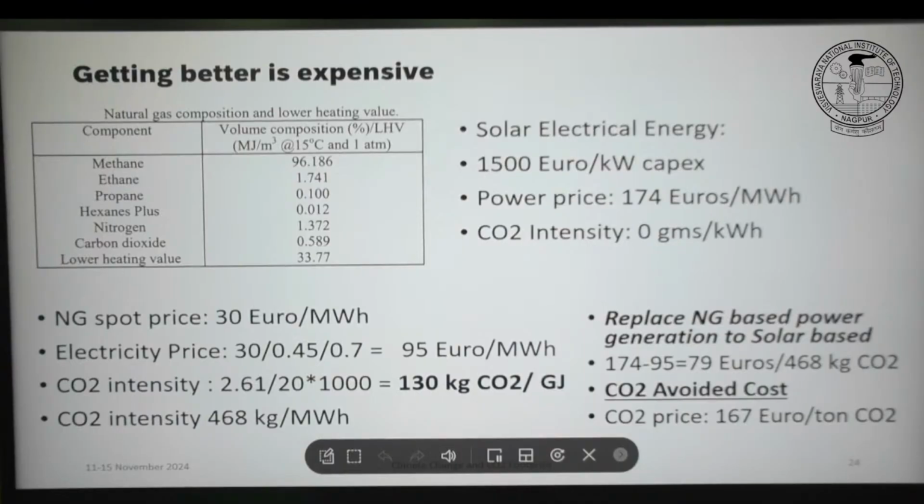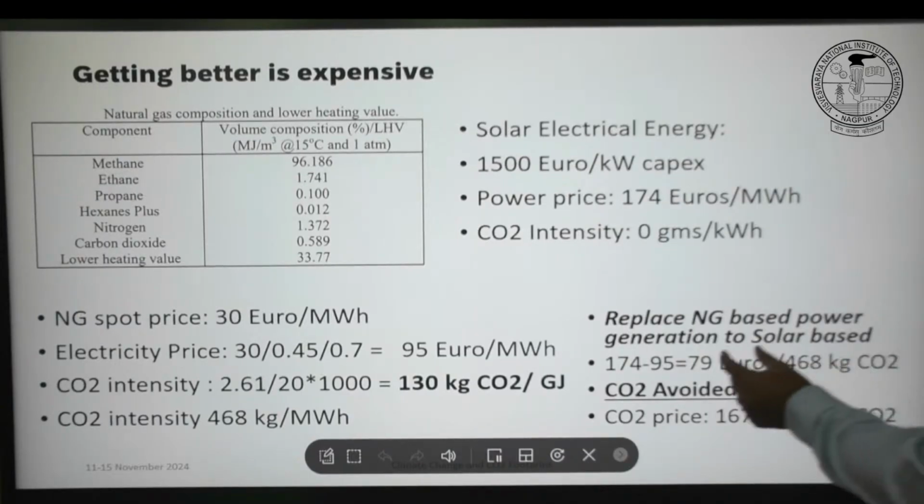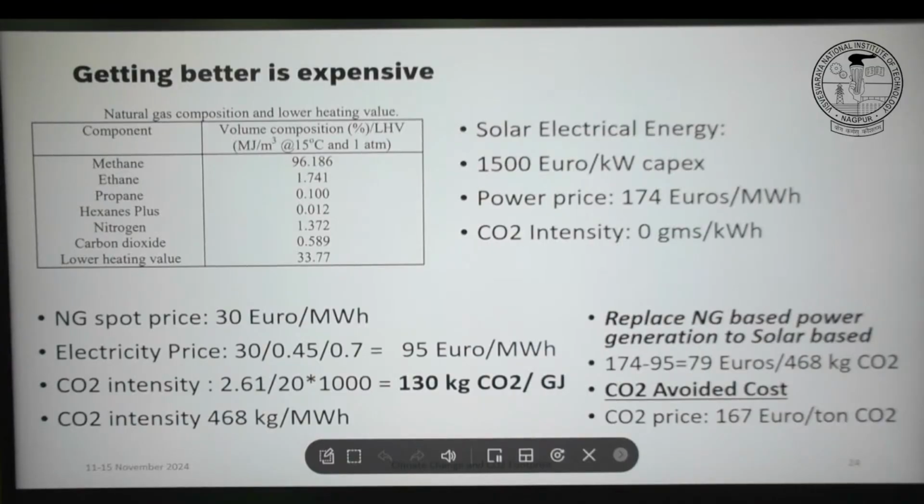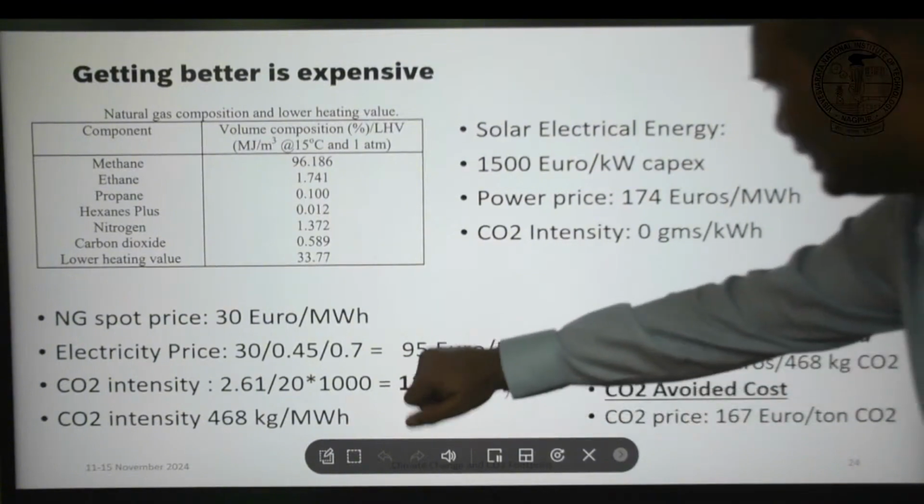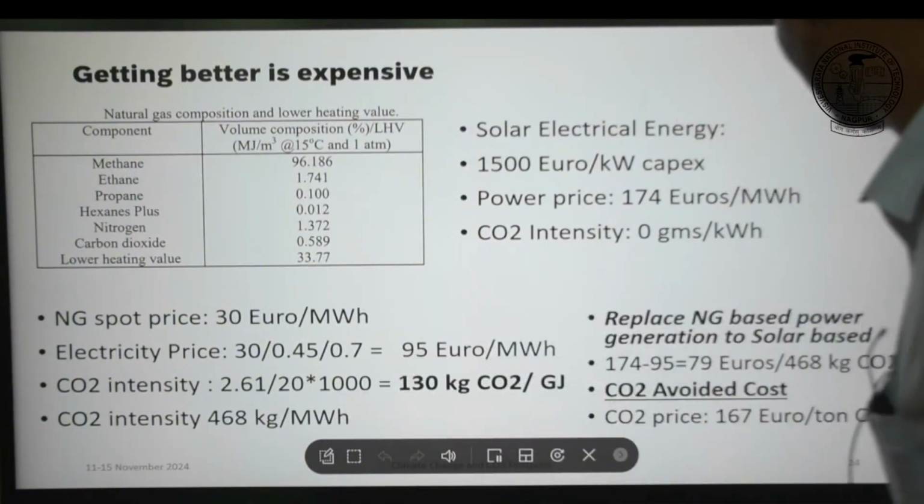Right. We'll come to this. Who's going to pay this 79 euro? End of the day, everything turns around money. So we'll see in coming days how government is promoting industries, how this 79 euro is being offset. But let's limit our discussion on CO2 cost. So we already saw for this natural gas it's 470.